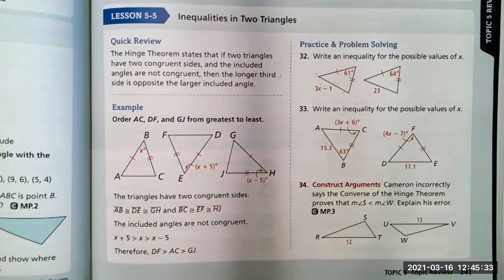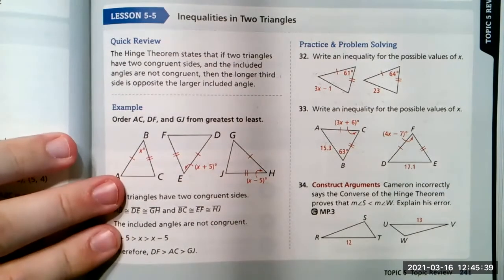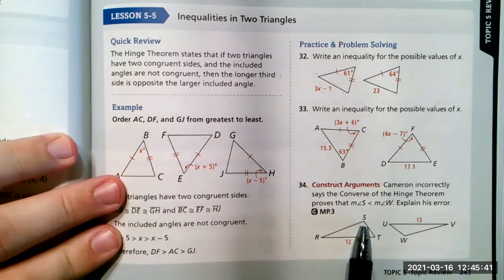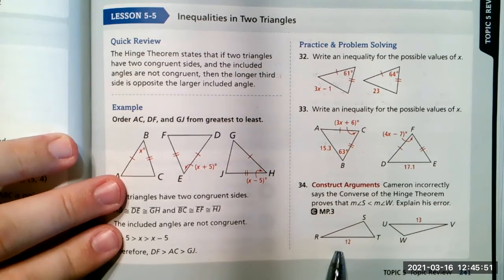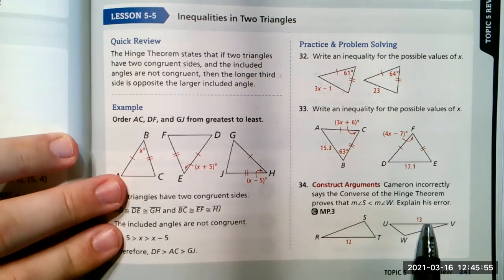Construct arguments. Cameron incorrectly says the converse of the hinge theorem proves that the measure of angle S is less than the measure of angle W. So this angle is less than this angle. Explain his error. Well, with these two triangles, the only thing it's telling me is that the side opposite angle S is 12. The side opposite angle W is 13. 12 is shorter than 13.